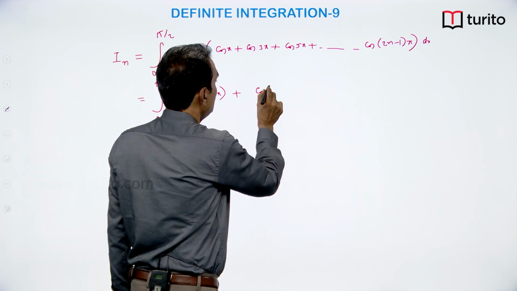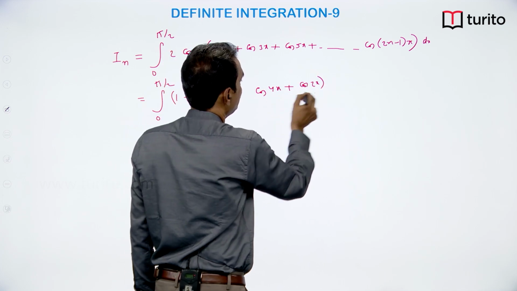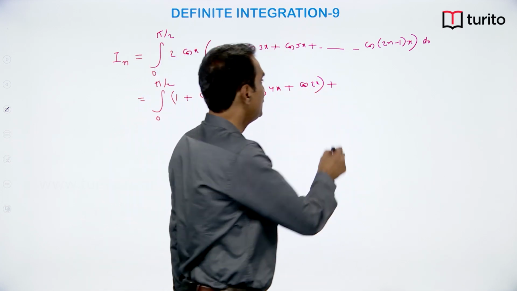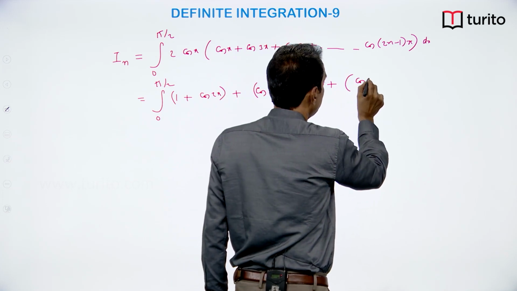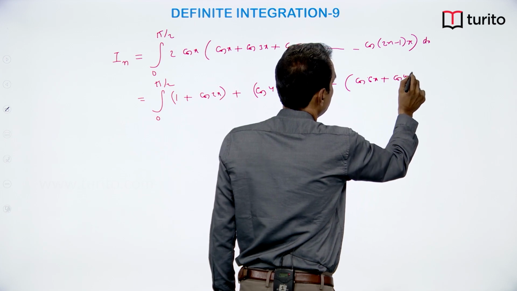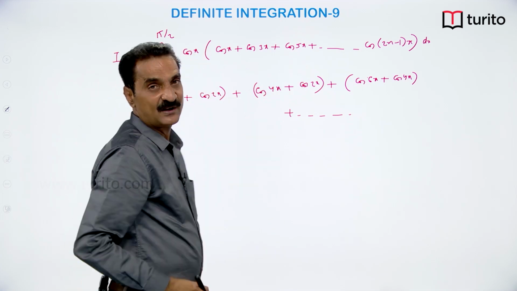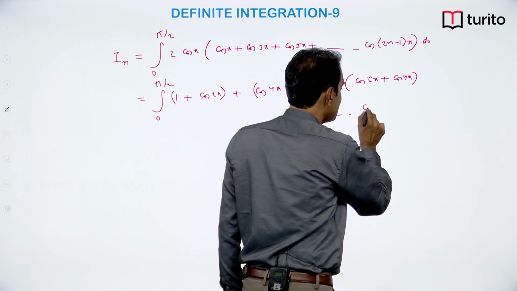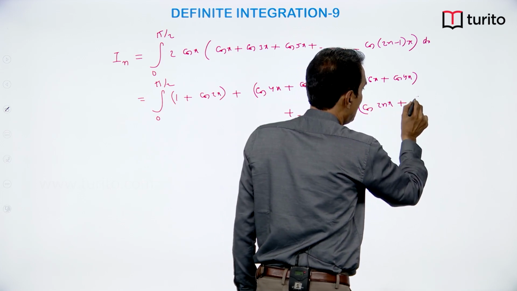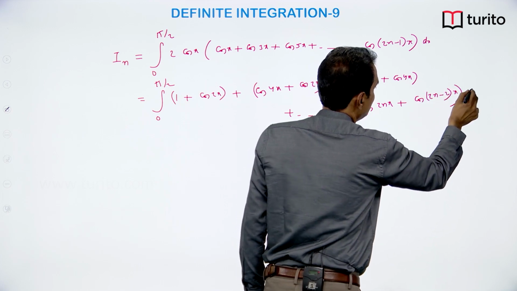So, cos of 4x plus cos of 2x, plus next term is 2 cos x into cos 5x will be cos of 6x plus cos 4x and so on. Last term 2 cos x into cos (2n minus 1) into x will be cos 2nx plus cos (2n minus 2) into x dx.